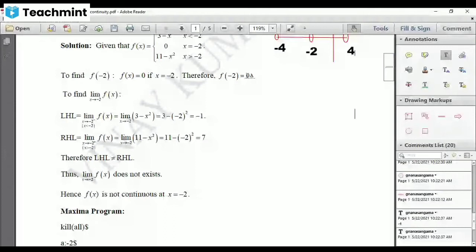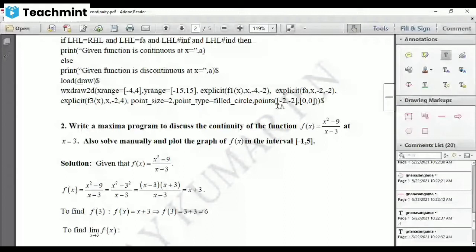So points within square bracket, x range. X range is from -2, -2. What is your y-axis? That is f of a. The f of a value is 0, 0. So at that point we want a point. First one is x range, second one is y range. We want only one point, not many points.